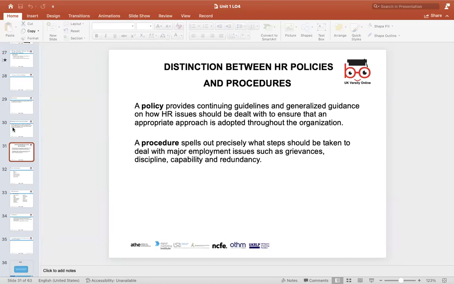So these are some basic policies, whereas procedures would be grievances, how to deal with that if an associate comes up. You have a disciplinary procedure in place, wherein you're seeing if an associate is not able to perform well or give the output compared to the job role, then what you do then. So various factors play a role.